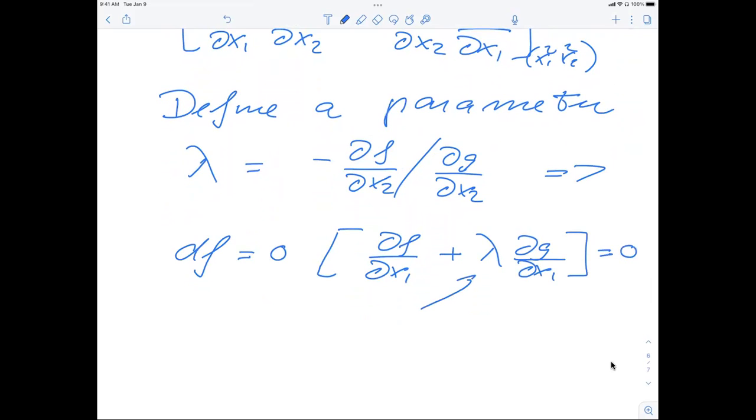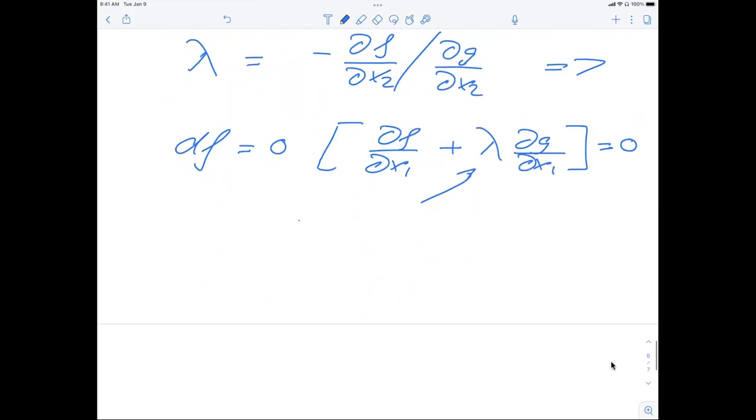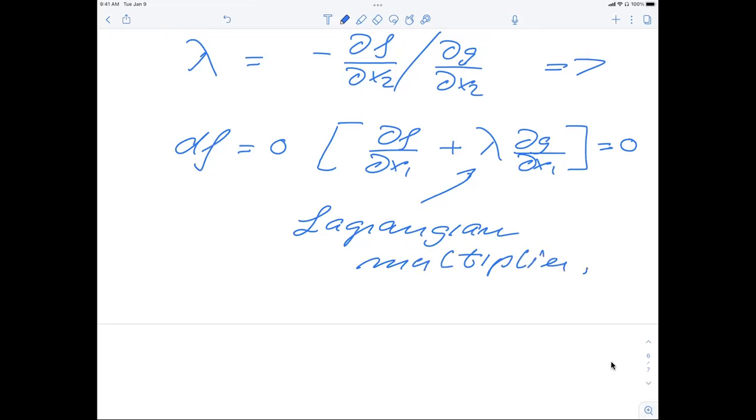And this parameter is normally called a Lagrangian multiplier. This parameter lambda reflects simply the fact that one of the variables is no longer independent.